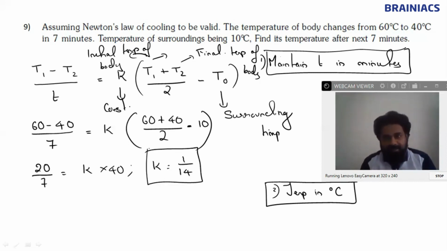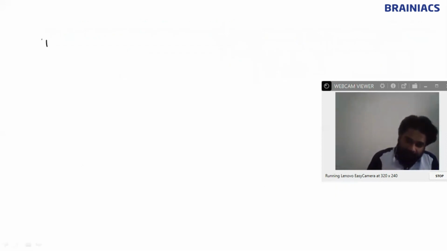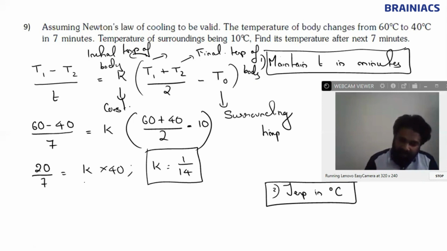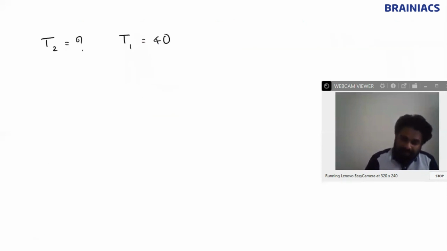In the next 7 minutes, what will happen? Now the final temperature was 40. In the next step, T2 we do not know. T1 is equal to 40 because in the first 7 minutes, the temperature of the body became 40 degrees Celsius. So 40 minus T2 divided by 7 minutes.